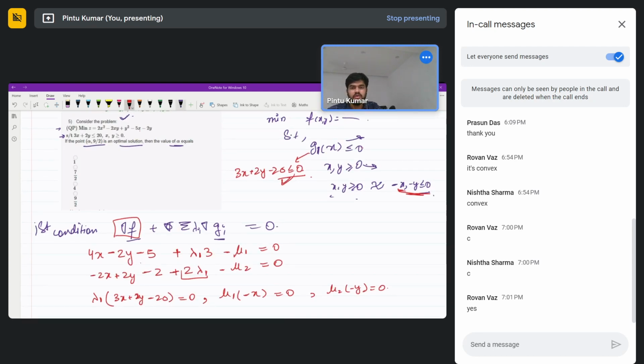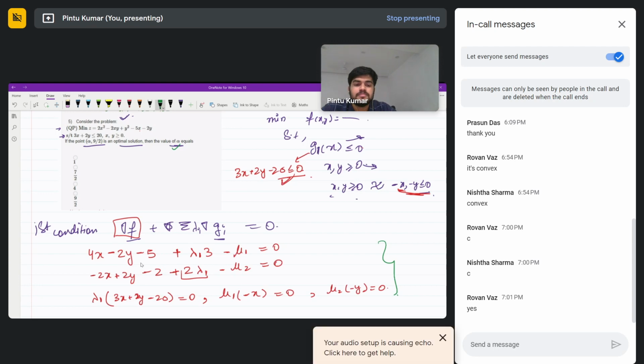Now we will have some inference. We have these conditions or equations, and we want to find the value of alpha. Why do we take mu1 times minus x equals 0? Why do we take minus x here?